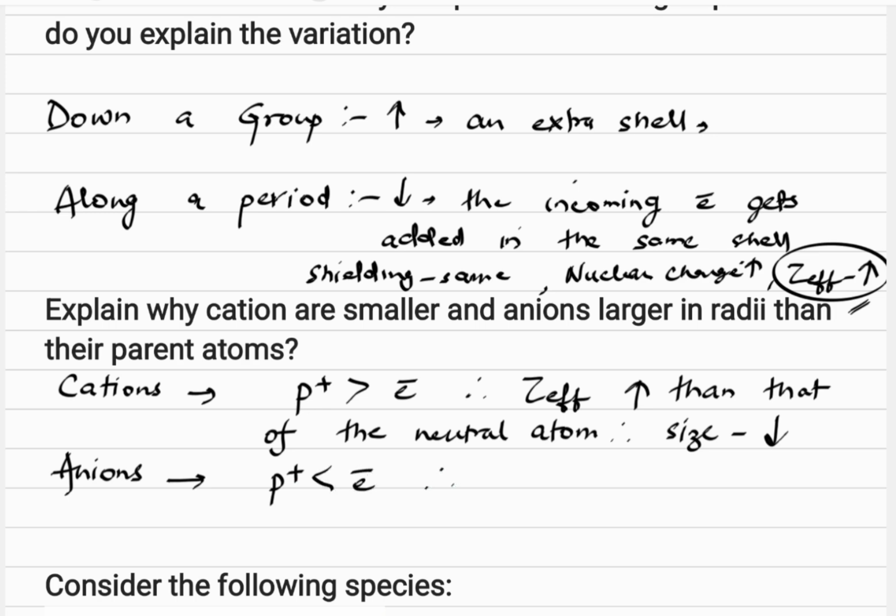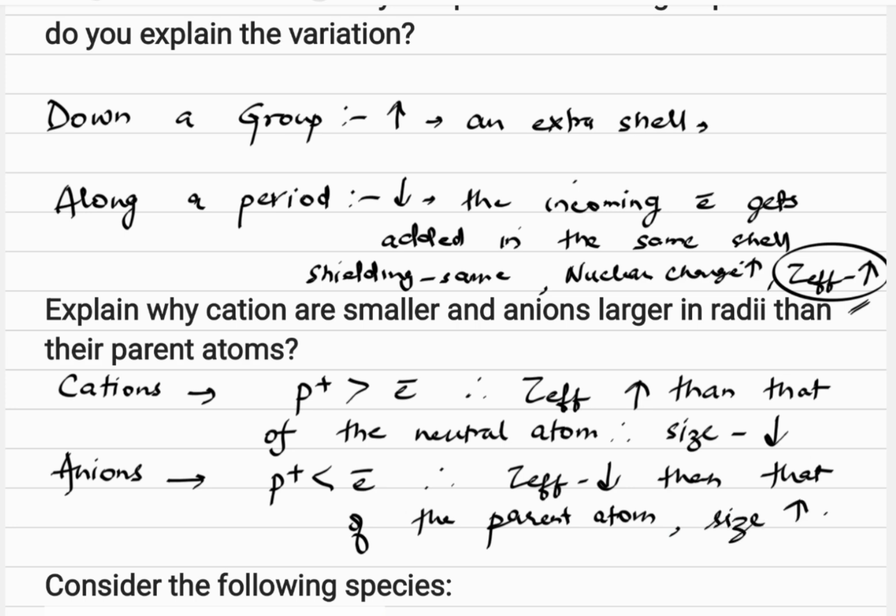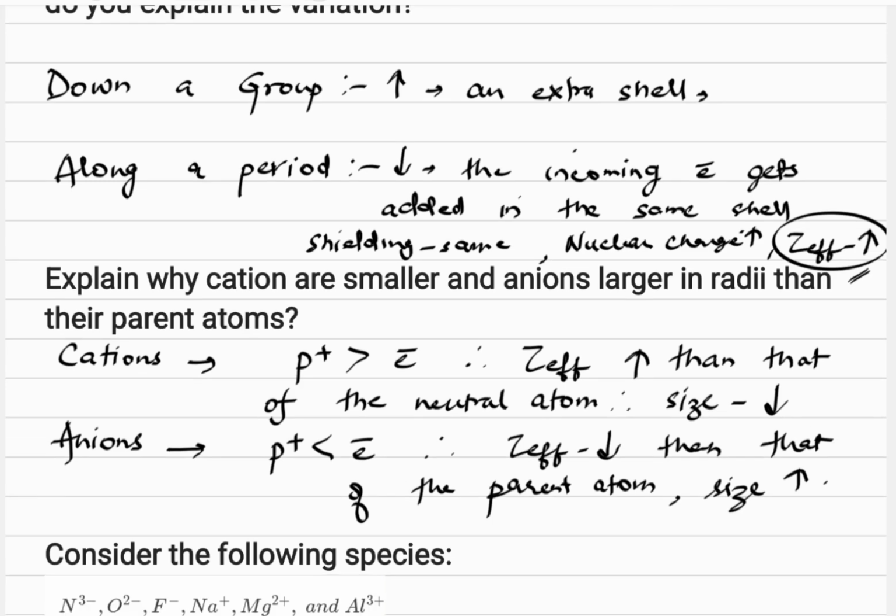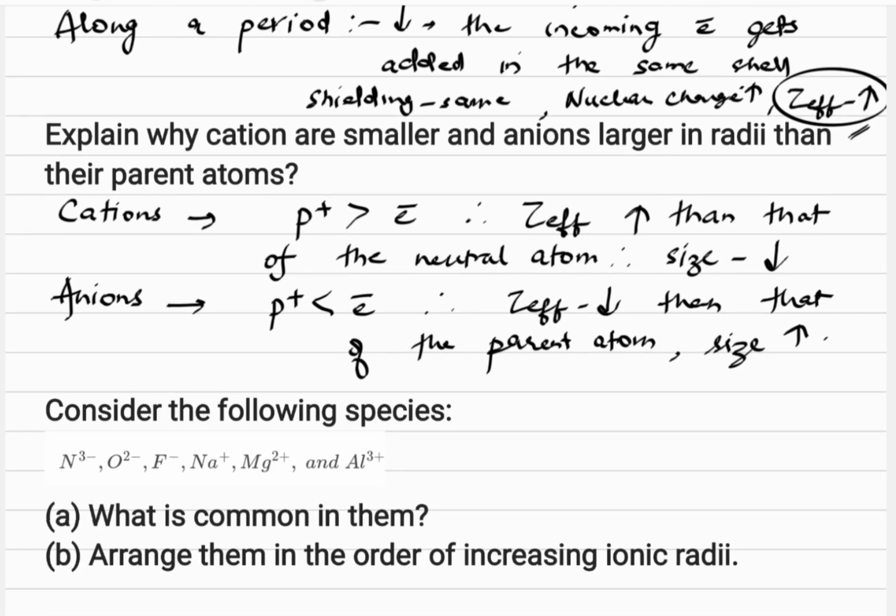If the number of protons is less, nuclear charge is less. That means Z effective is less than that of the parent atom. And since Z effective is less, size increases. That is why anions would always be bigger than the neutral atom and cations would always be smaller than the neutral atom.